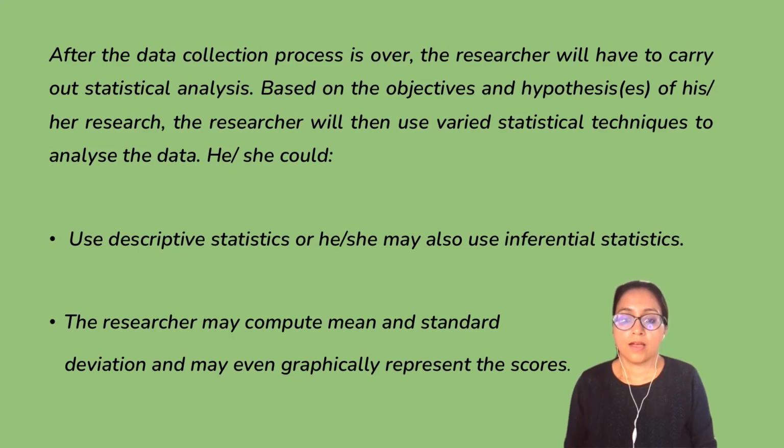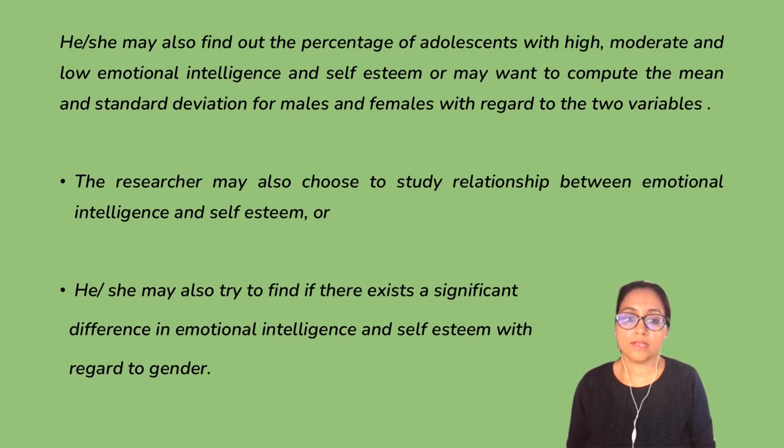We will also study what is hypothesis and what are descriptive statistics and inferential statistics in detail as we move along the course. Not only these, the researcher may also try to find out the percentage of adolescents with high, moderate, and low emotional intelligence and self-esteem, or may want to compute the mean and standard deviation for males and females with regard to the two variables.